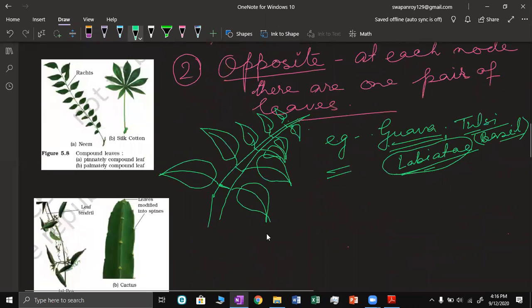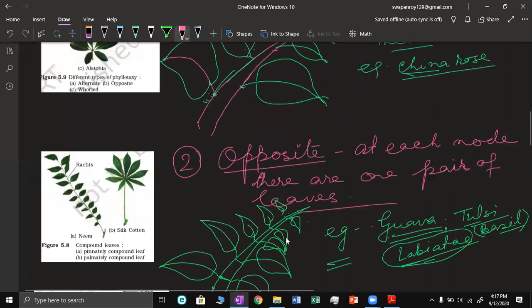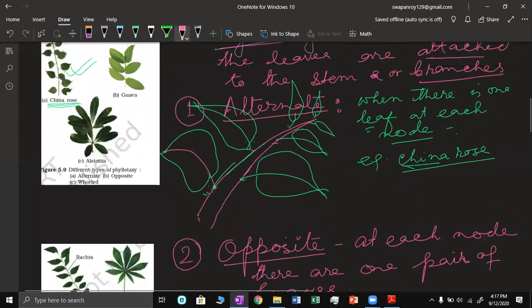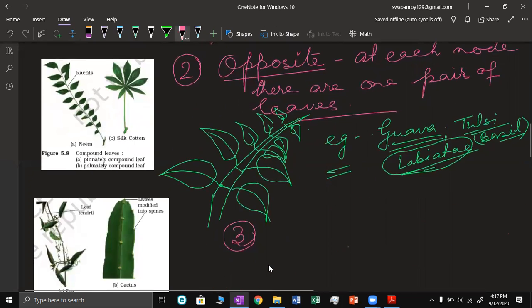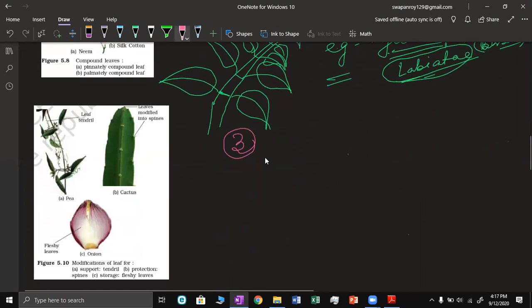Then the third type we get only in a few. Of course, the third one is not very common, but still we find it in many plants. Here it is called whorl. Whorl means in a ring, in a bunch.